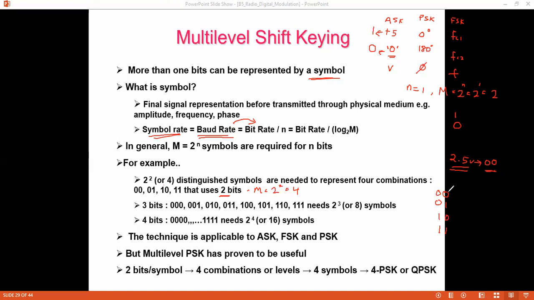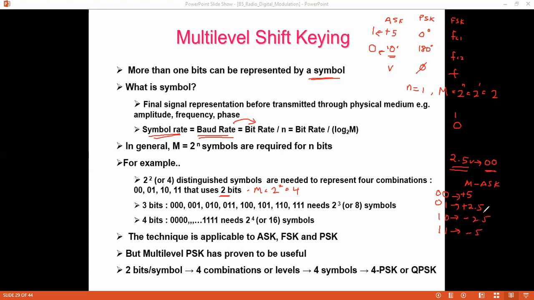Okay, so for example if we use multi-level ASK, we need to define 4 different voltage values. Let's say positive 5, positive 2.5, minus 2.5, and minus 5.